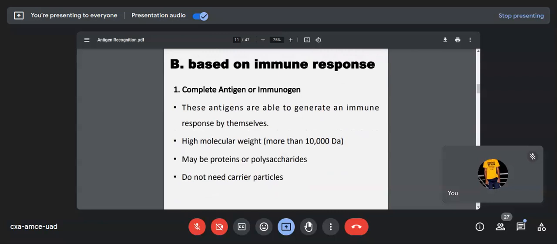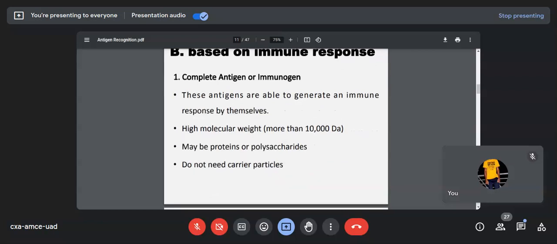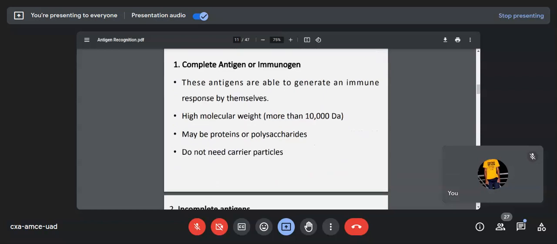When an antigen causes an immune response, what do you call it? An immunogen. It can cause an immune response. I hope you're getting that point.